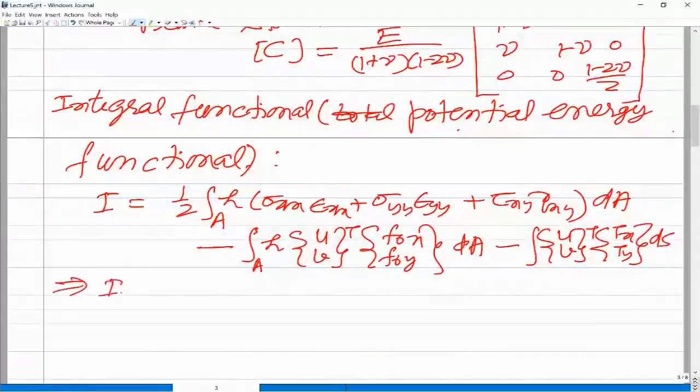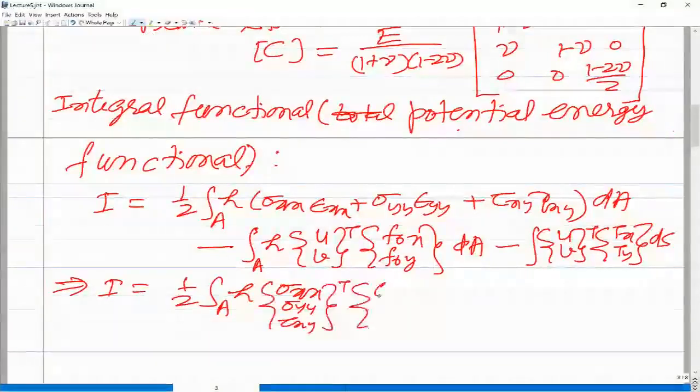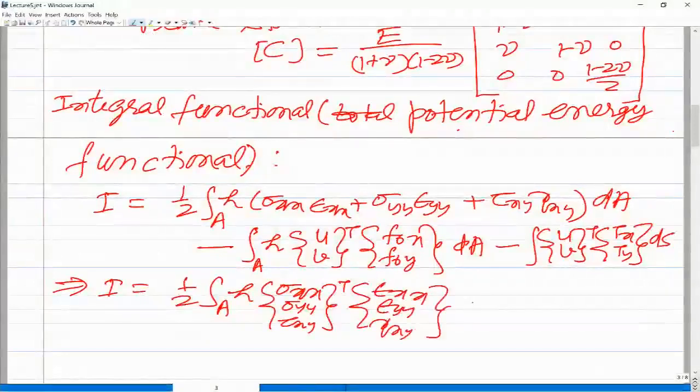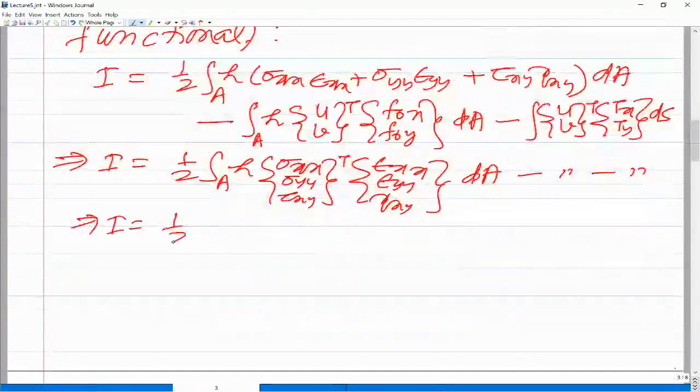We can rewrite this as half of integration over area and h, and this quantity can be written as the vector sigma xx, sigma yy, tau xy transpose into epsilon xx, epsilon yy, and gamma xy, dA, and the other two terms as they are. Finally, this would be half integration over area h, and sigma can be written as C into epsilon.